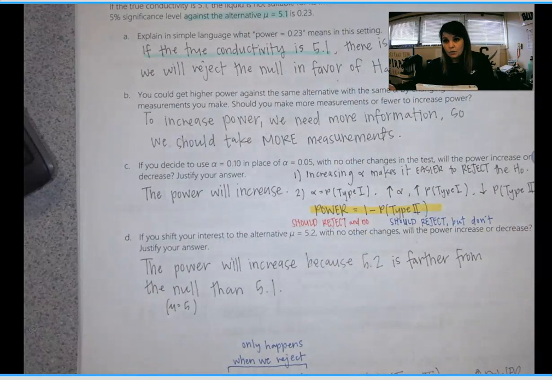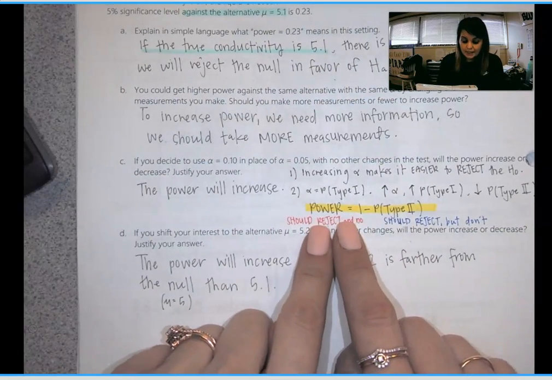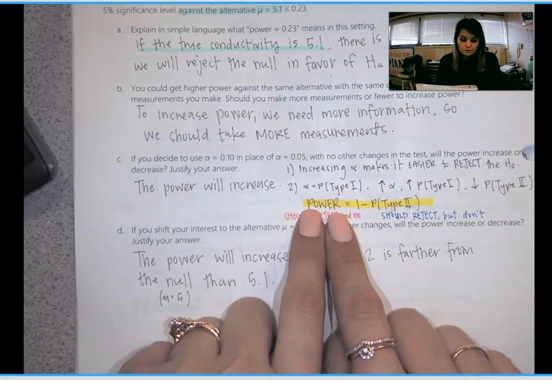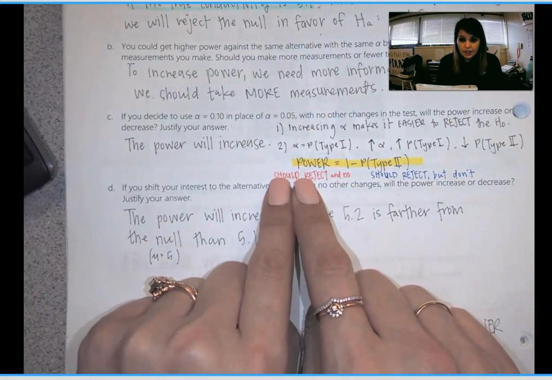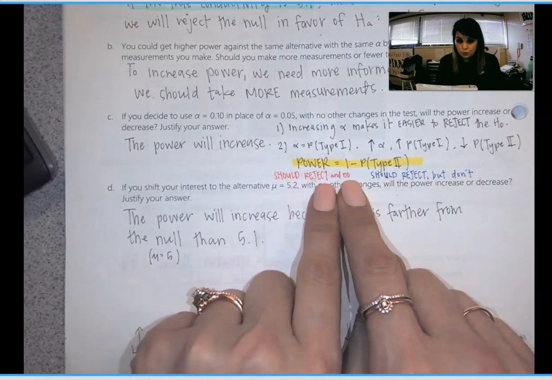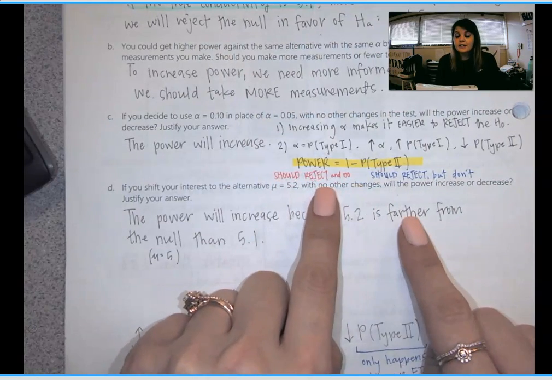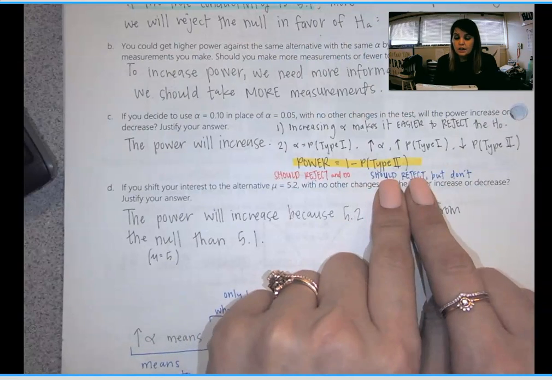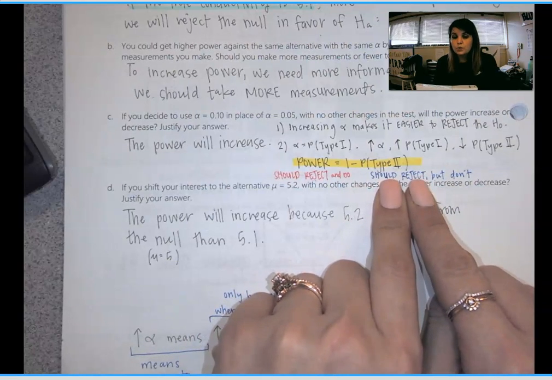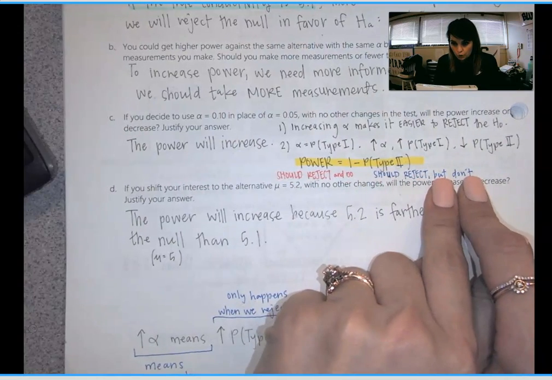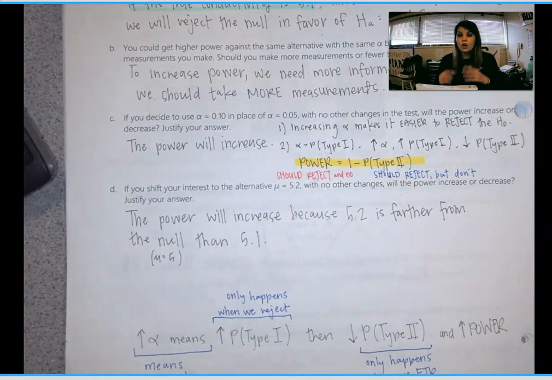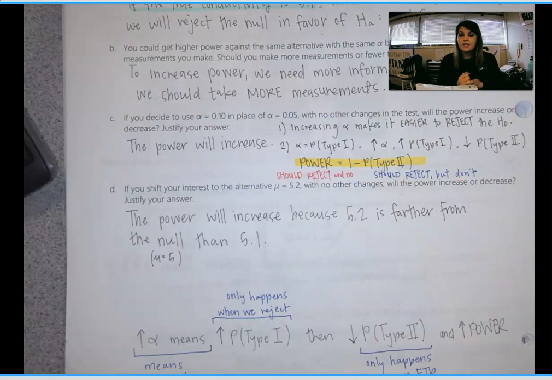Why is this related that way? Well, look at each scenario. Power is when you should reject and do. That is opposite of a type 2, which is when you should reject but don't. Those are two parts of the same whole.